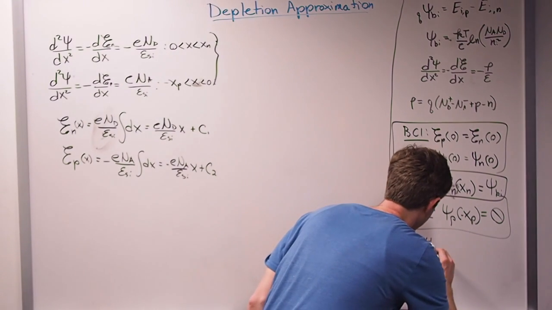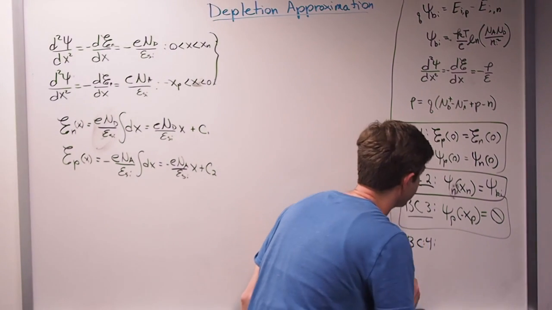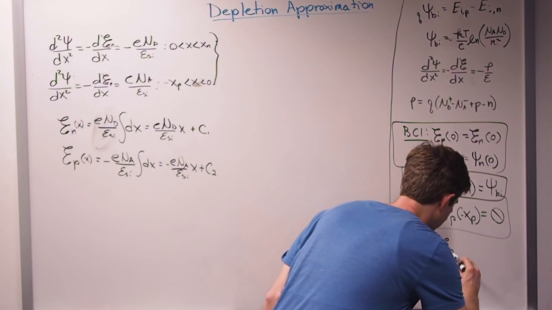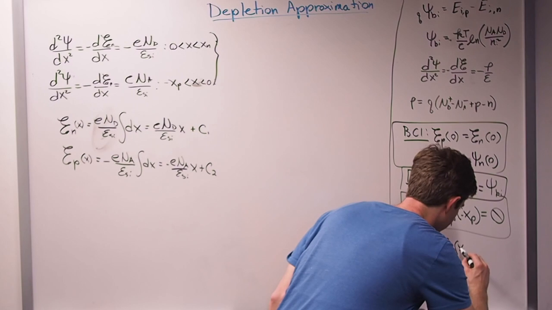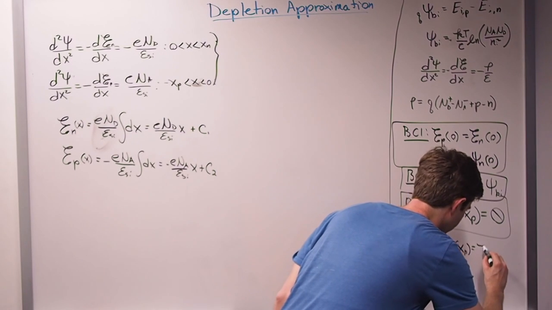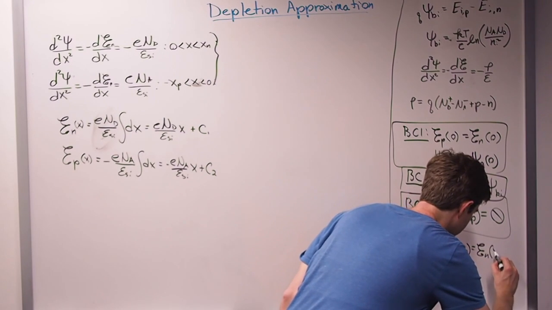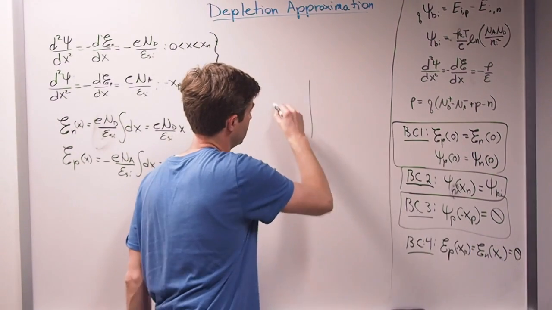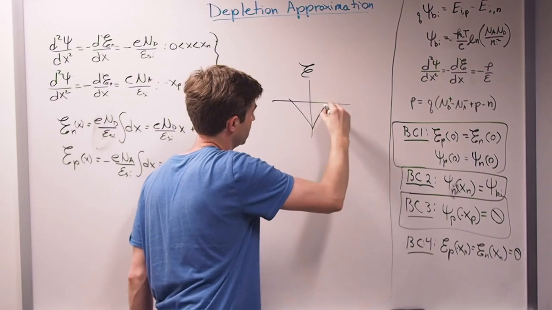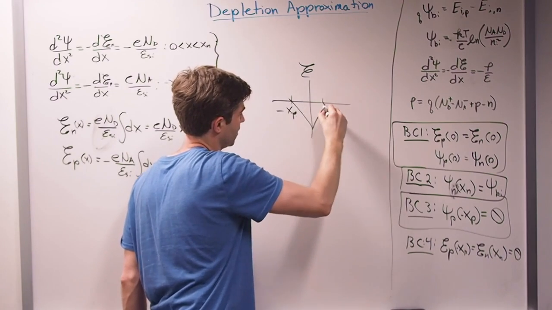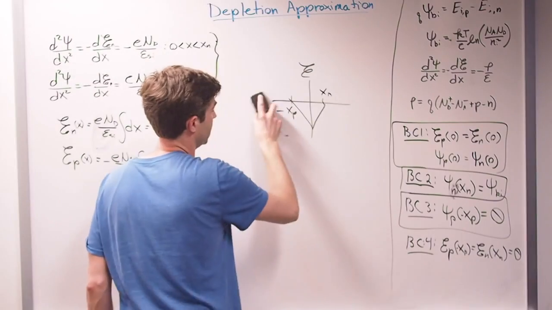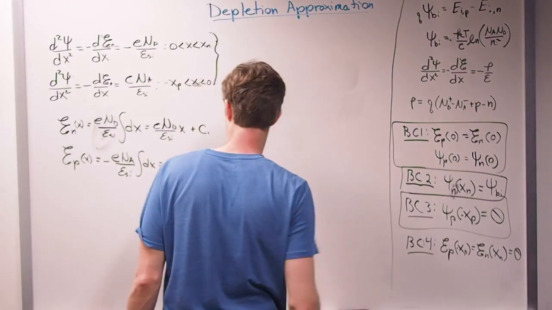Call this BC4, and that is the fact that E sub p of negative x sub p equals E sub n of x sub n, which is equal to 0. Because remember, the electric field at negative xp and xn goes to 0 right there, and then as we go into the bulk, the electric field stays at 0.